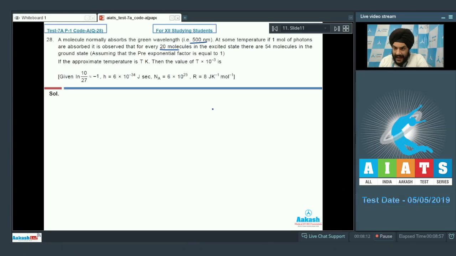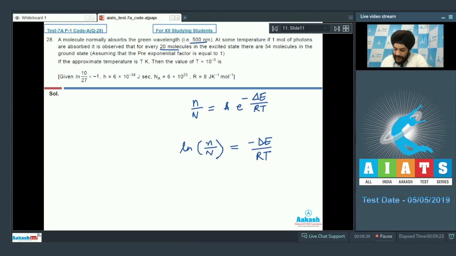Students, this ratio follows the Arrhenius equation. We can have n by N equal to A into e to the power minus delta E upon RT. We can take natural log on both sides to have ln of small n by capital N. The value of A given to us is equal to 1. And this will be equal to minus of delta E upon RT.